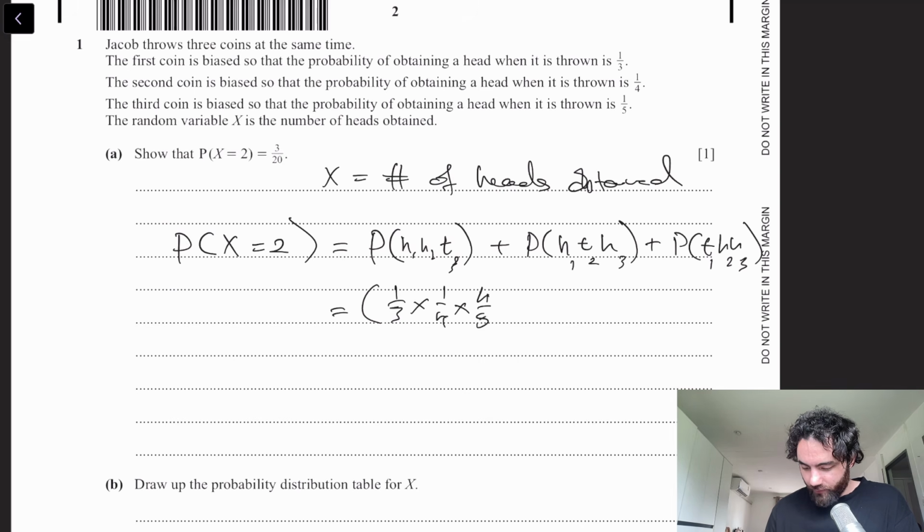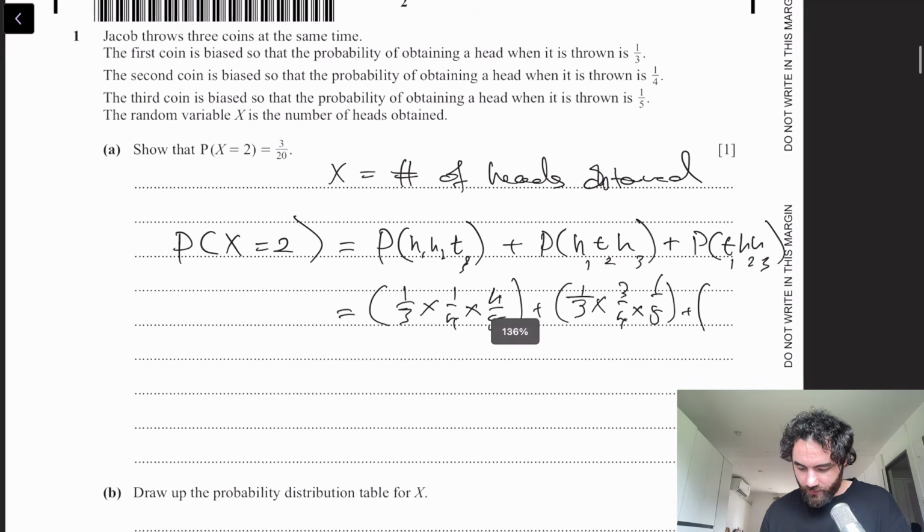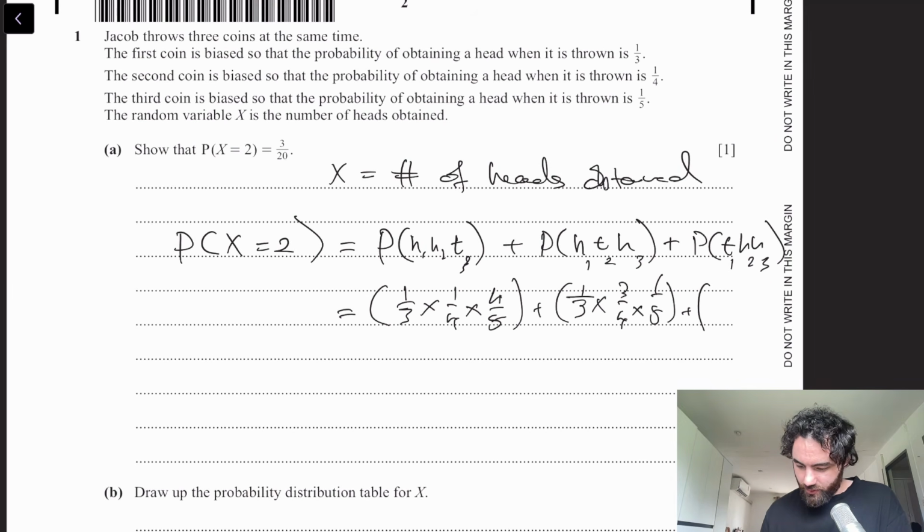So times 4/5, plus the first coin is a head, 1/3, times the second coin is a tail, 3/4, times a head, 1/5, plus the last one will be, zoom in a bit, a tail for the first one, which would be 2/3, right?